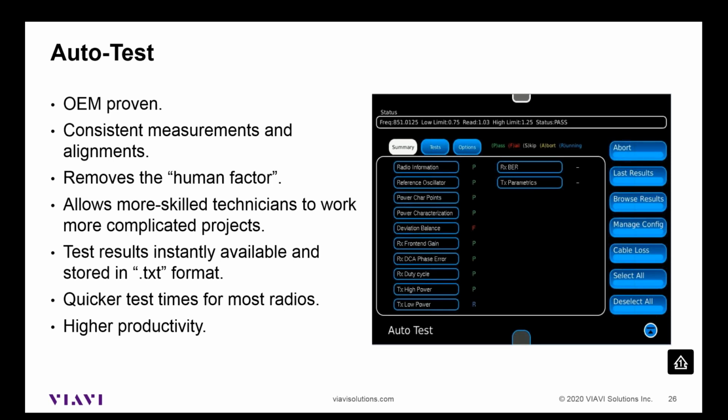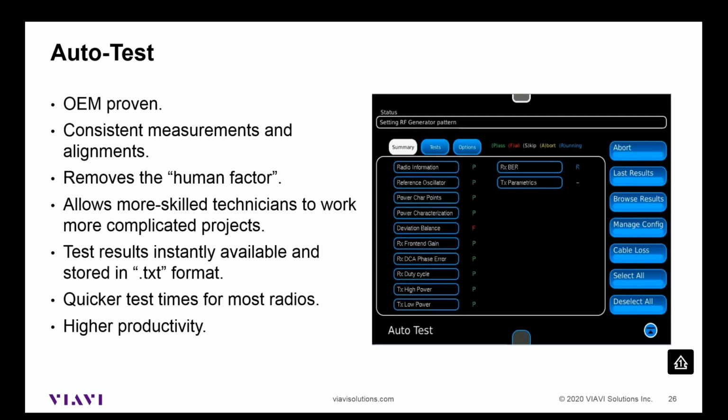And that whole time, that's the only thing I'm doing. If something comes up and I have to go answer the phone, or go to the front counter to help a customer, that just makes that alignment take that much longer, right? And of course, the longer it takes, the fewer radios you can get through in a day, and the less you get done in that day.